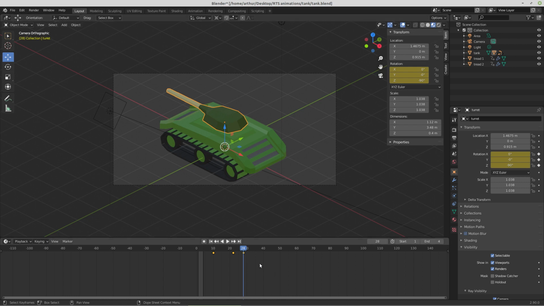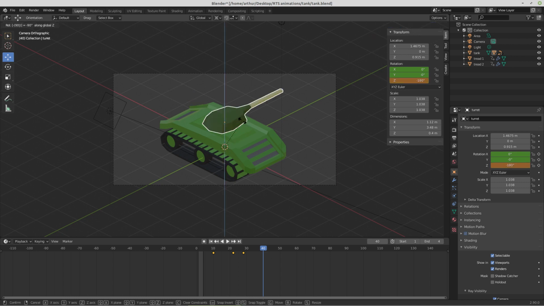We'll come back to the playhead, 10, 20, 30, 40, 50, 60, 70, 80, 90, 100, 110, 120. Rotate Z minus 90. Enter, insert rotation keyframe.